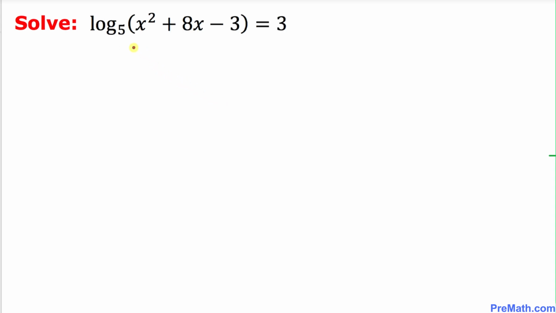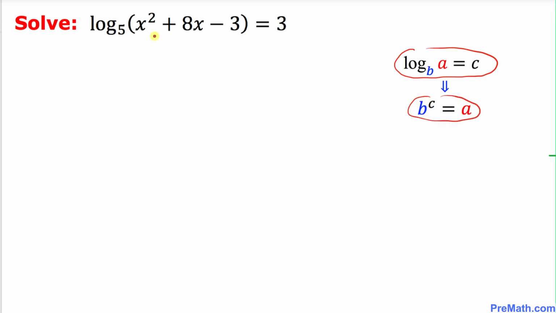And here is our next example, and we are going to solve this log of x squared plus 8x minus 3 with a base 5 equal to 3. And we want to convert this equation into exponential form. And we are going to use this fact when we convert from logarithmic form to an exponential form.